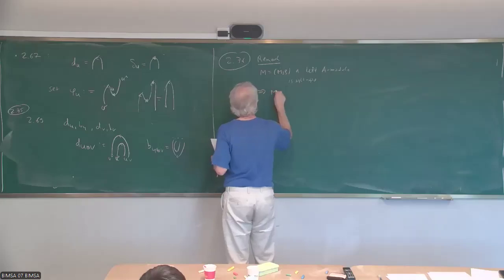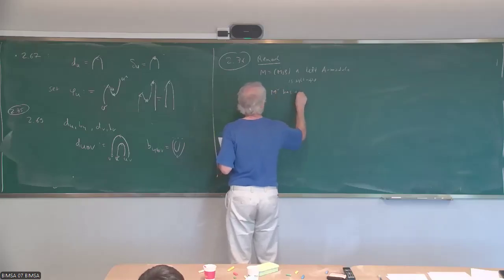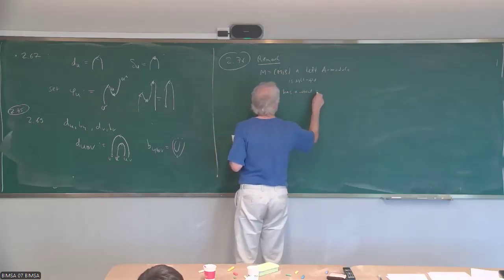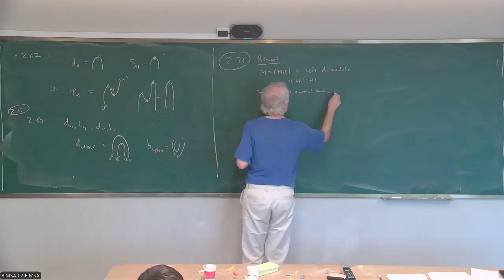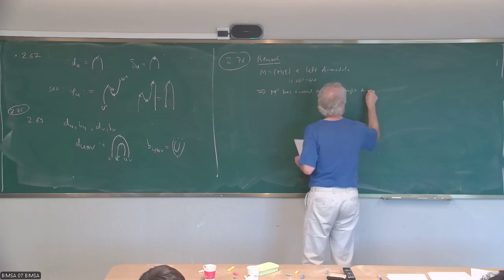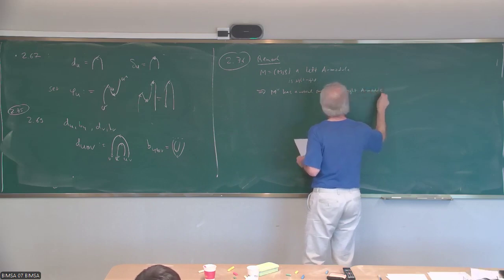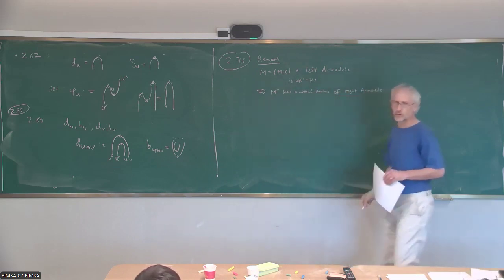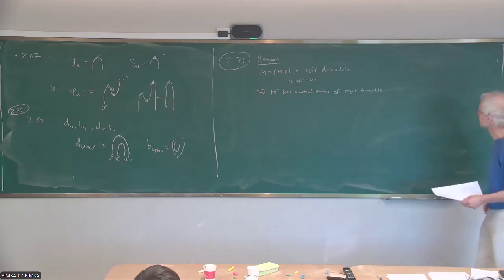Then M^∨ has a natural structure of a right A-module. So really the dual of the underlying object M.